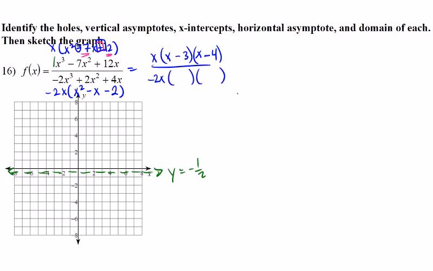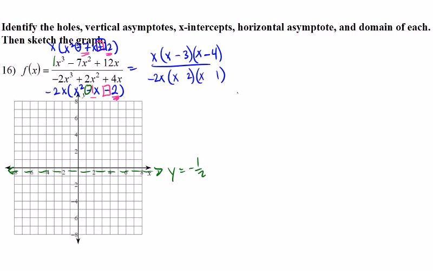And if I factor this, I'm looking for numbers I can multiply to get 2 that I can subtract to get 1, right? So that would be 2 and 1. And again, this tells me the sign of the bigger number, so the 2 will be negative. And this tells me that the signs are different, so that means that the 1 will be positive. Okay? All right. So wherever the denominator equals 0, you could potentially have an asymptote, right?